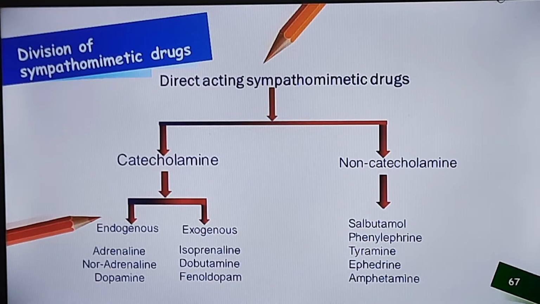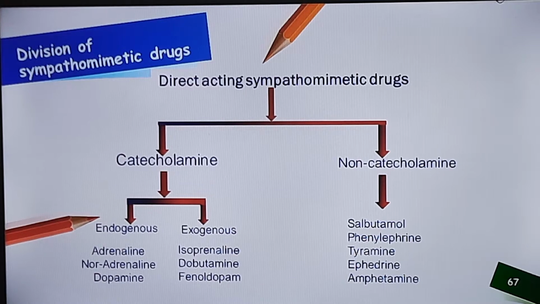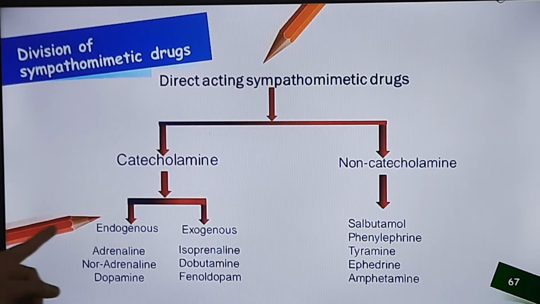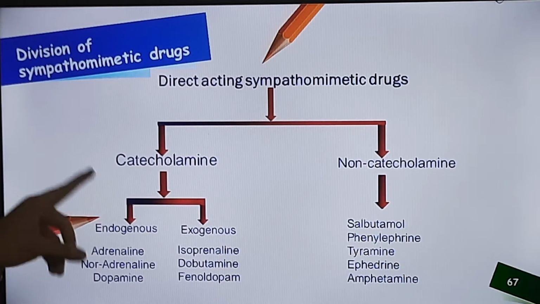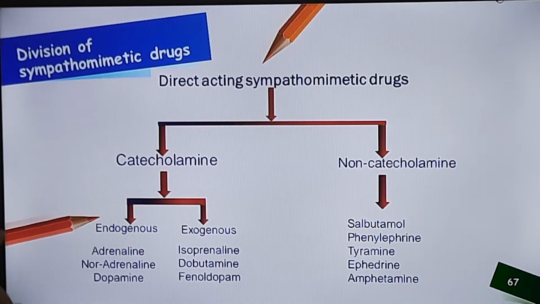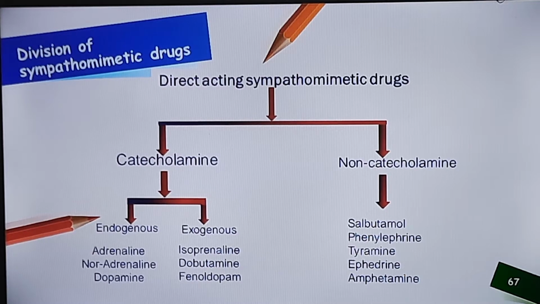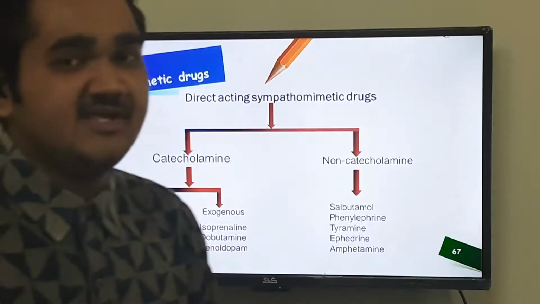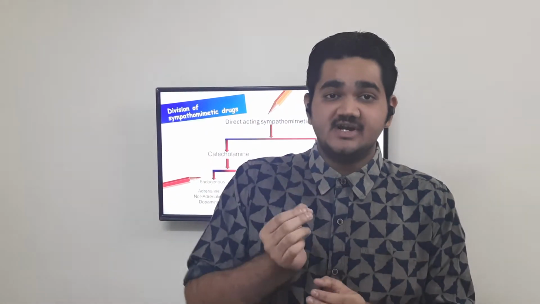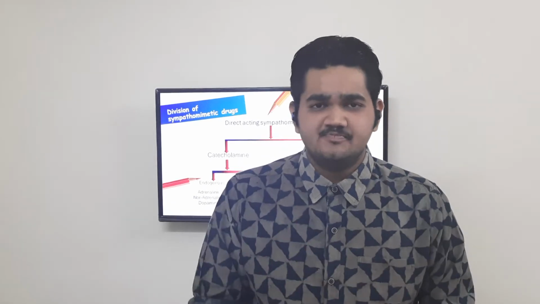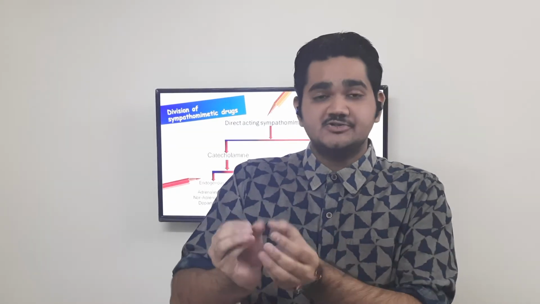Now catecholamine में भी कुछ ऐसे components हैं which are produced by our own body and इसे हम बोलते हैं endogenous catecholamine. The examples of endogenous catecholamines are first one adrenaline, noradrenaline and we have dopamine. कुछ ऐसे components होते हैं which are not produced by our human body but we produce such kind of drugs in our laboratory. यानी कि ये synthetic drugs होते हैं.